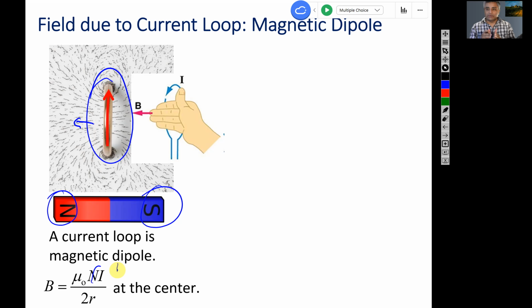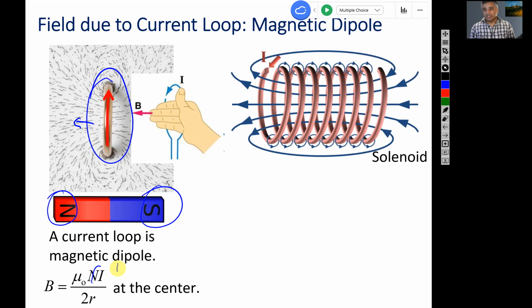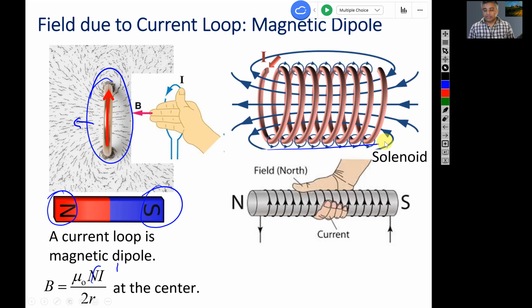But usually what we do is wind many turns, and n represents the number of turns. That kind of structure is called a solenoid. In that case, it's easier. You can just grab the coil, like I was saying, and find the direction of magnetic field.